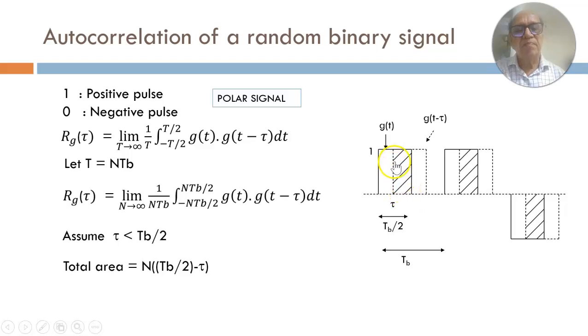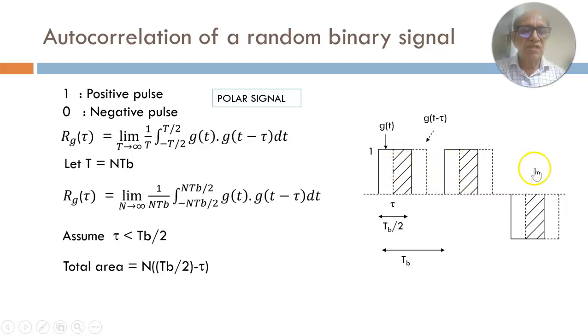So it is the product of the signal with its own delayed part. Therefore this will be positive multiplied by positive and you will get a positive area. For the second pulse also you will get a positive area. What about the negative? Now g(t) is negative and g(t minus tau) is also negative. So essentially the product will be positive.